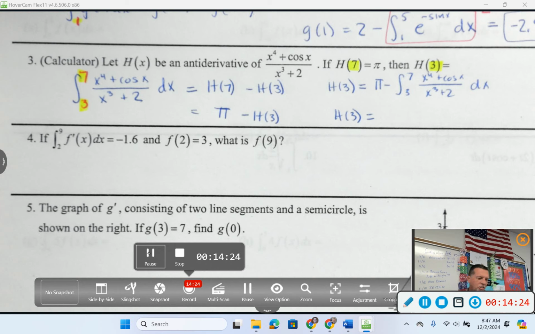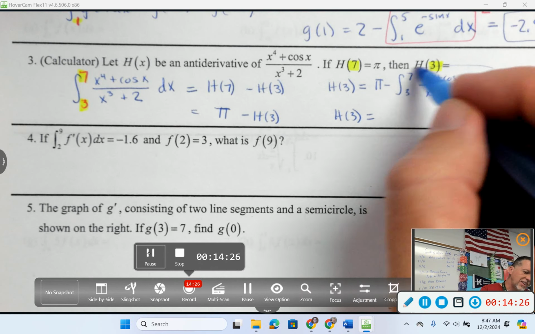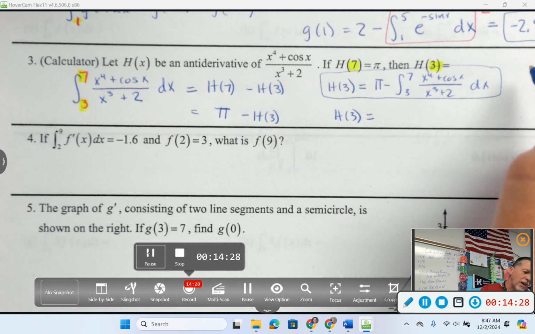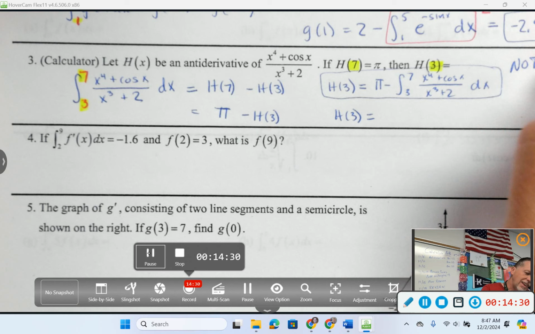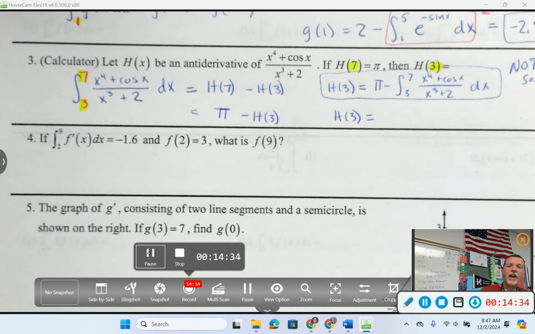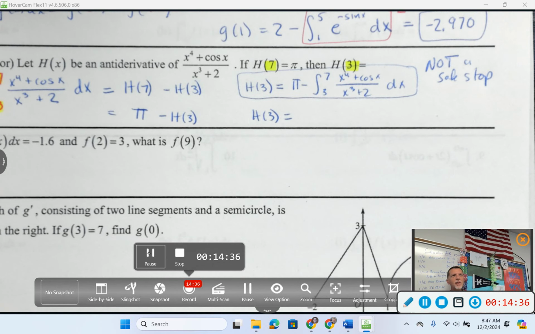Okay, good question: is this a safe stop? Because it is calculator ready if your calculator knows calculus. But it needs to be calculator ready for a non-calculus calculator. You can't leave calculus to go in a calculus question. Does that make sense?